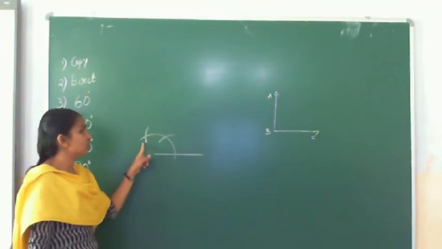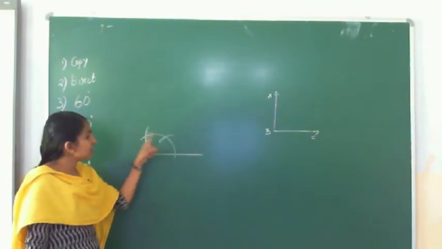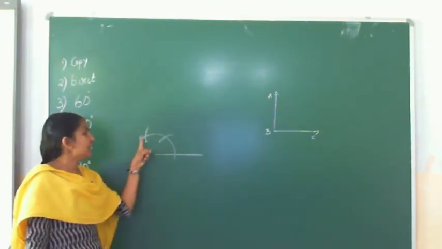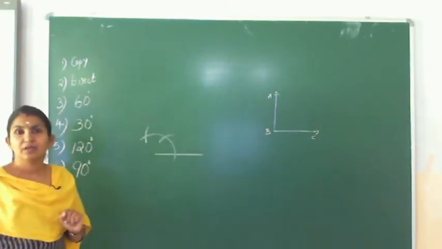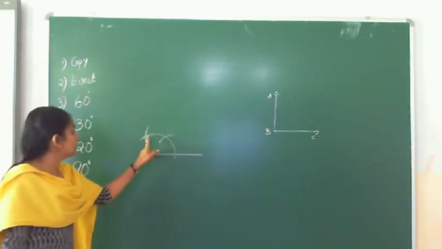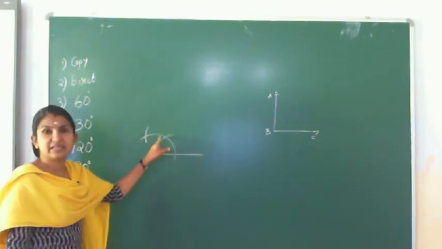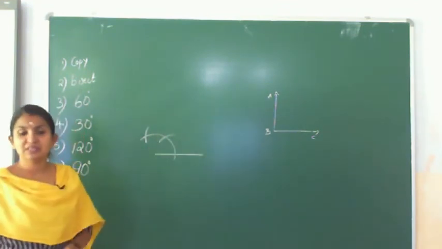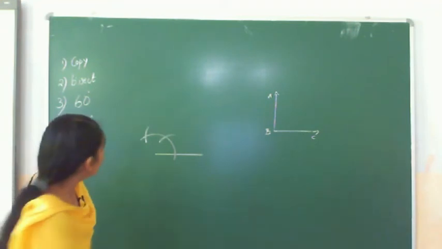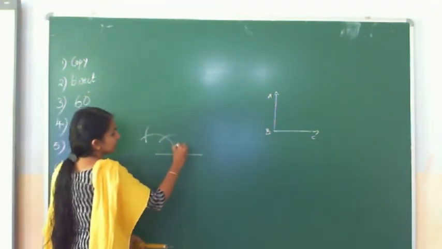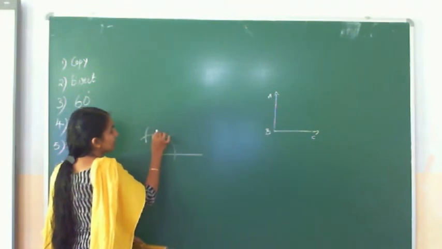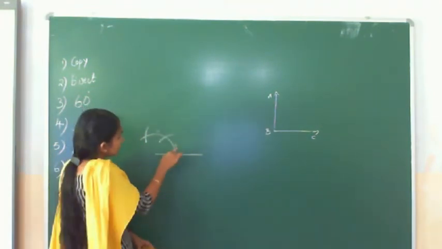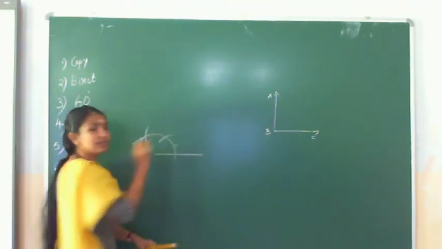So 60, 120 we got. Just see 60 and 120. When we draw its bisector, what will we get? Definitely we will get 90. See, from here to here it is 60 degree. Its half means 30 degree, right? So from here to here it is 60 degree, here to here it is 60 degree. Its half means here 30 degree we will get. So 60 plus 30, 90 degree we will get.